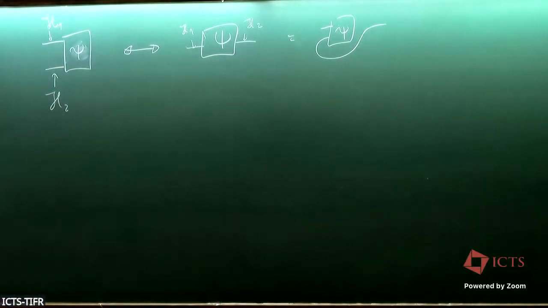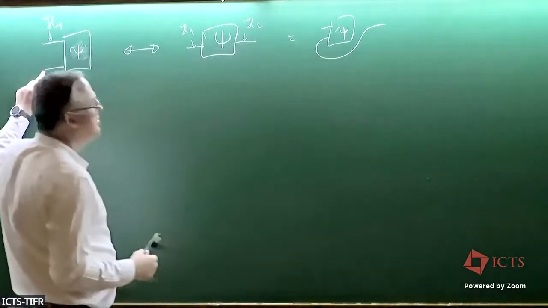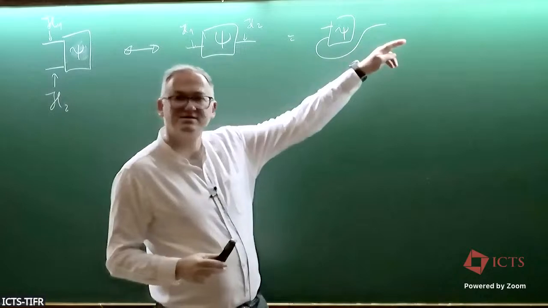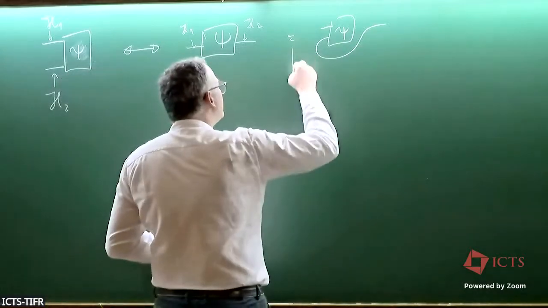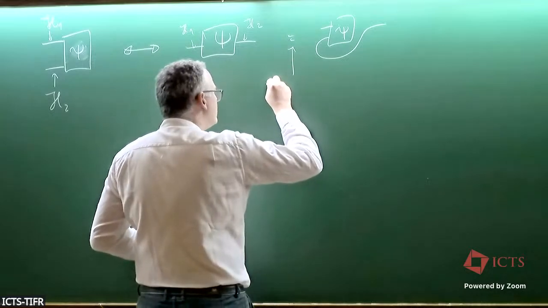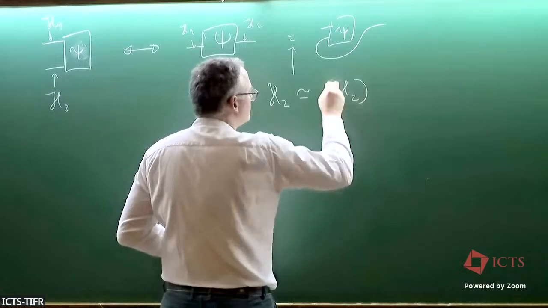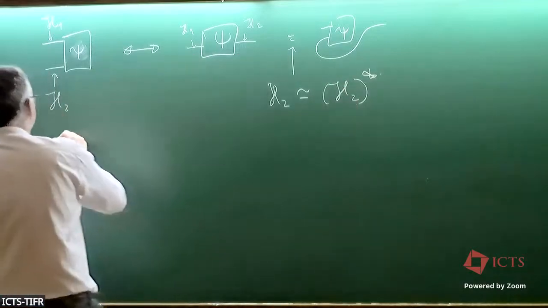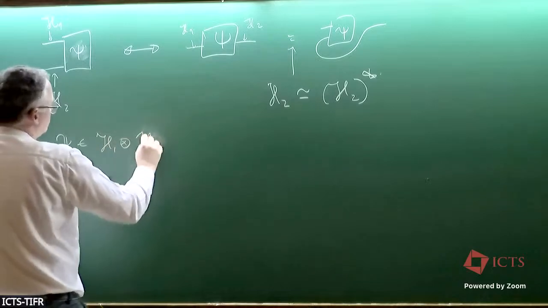Okay. So basically, what I'm doing is that this H2 here, I'm putting it on the other side. And this equality here just means that I'm identifying this H2 with its dual. Right? Because here psi was a vector in H1 tensor H2.